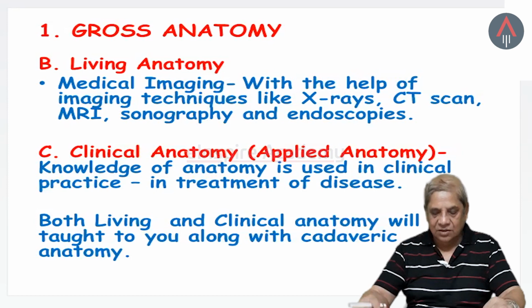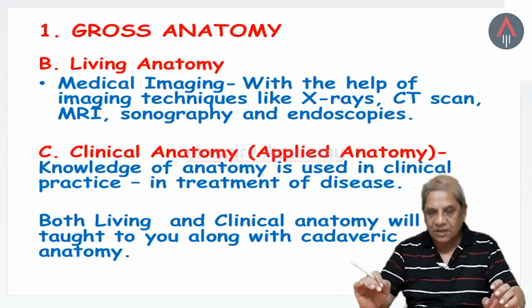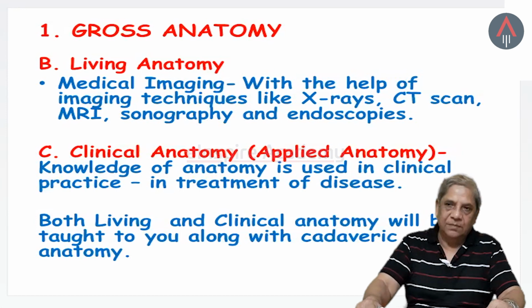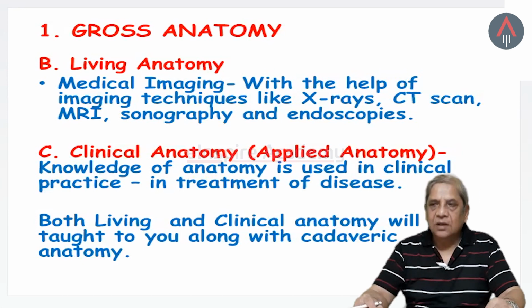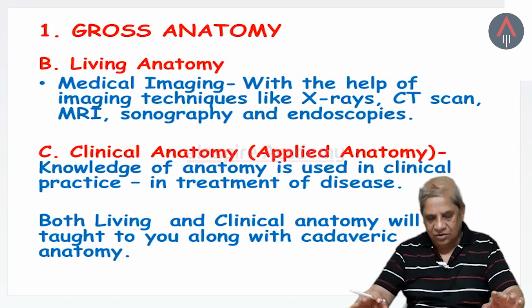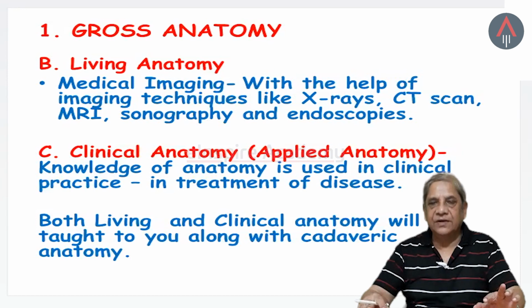Now, when we come to the third aspect of the gross anatomy, it is clinical anatomy or applied anatomy, and this is the knowledge of anatomy when it is used in your clinical practice on your patient. That means when you use the knowledge of anatomy to treat a patient, that is called clinical or applied anatomy. Both living and clinical anatomy will be taught to you along with the cadaveric anatomy from part to part.